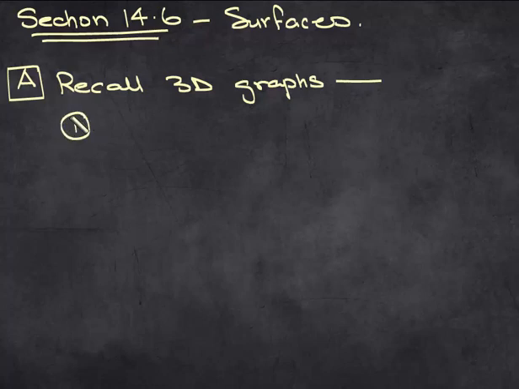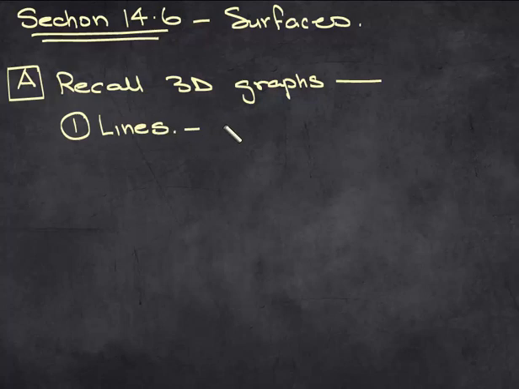So what do we know so far how to graph in 3D? We know how to graph lines, correct? In essence, you just find 2 points and you connect them. And the equation of the line was what here?